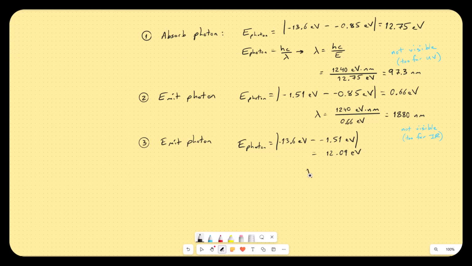My wavelength is 1240 electron volt nanometers over 12.09 electron volts, and that gives me 103 nanometers, which is again not visible because I am too far ultraviolet.